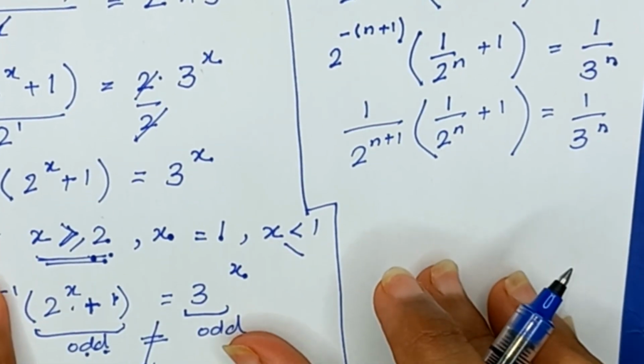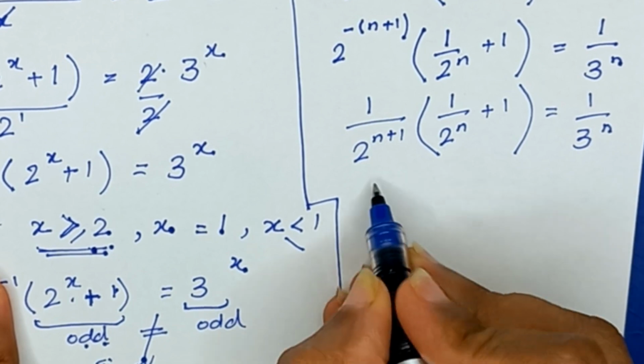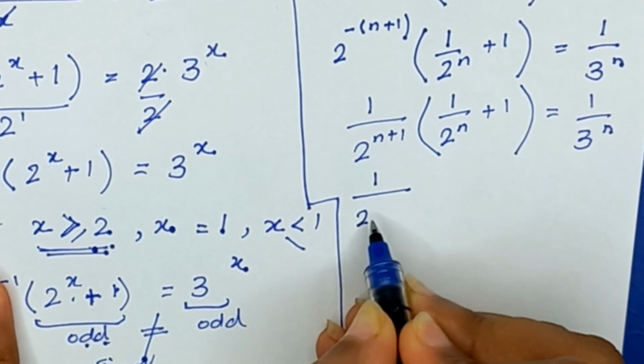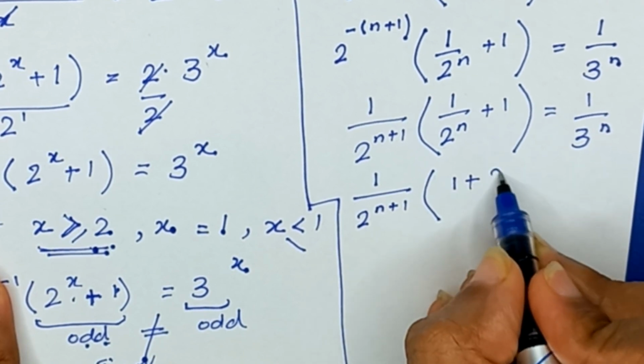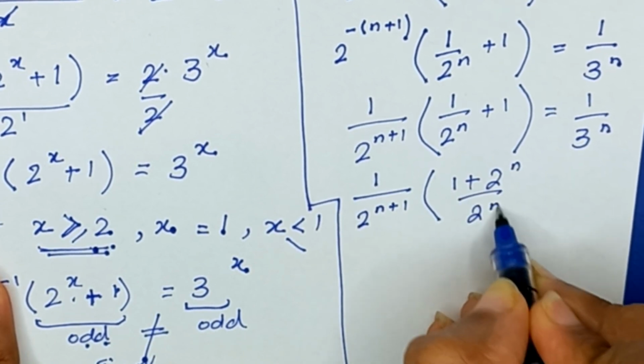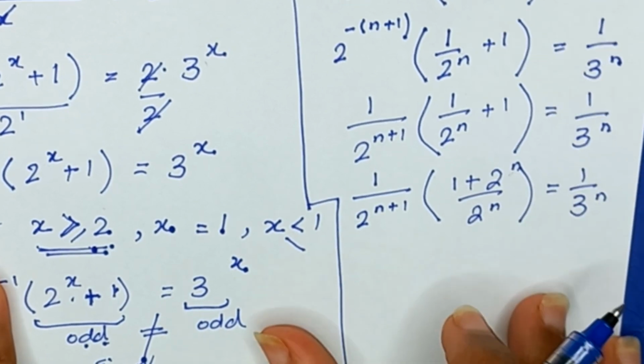So it will become 1 divided by 2 raised to the power n plus 1 times 1 plus 2 raised to the power n divided by 2 raised to the power n, and it is equal to 1 divided by 3 raised to the power n.